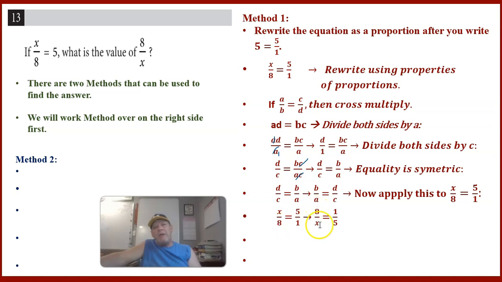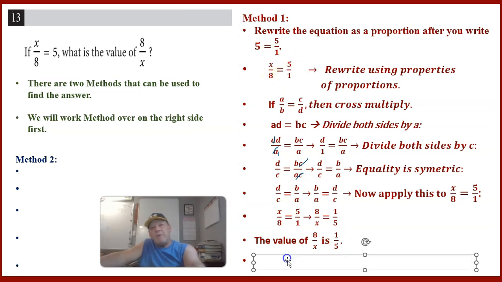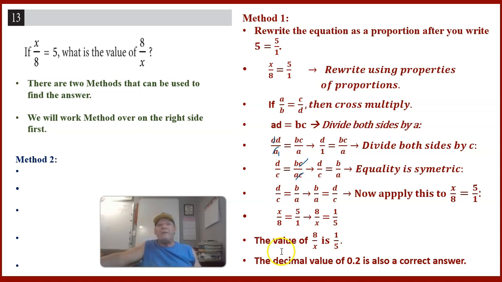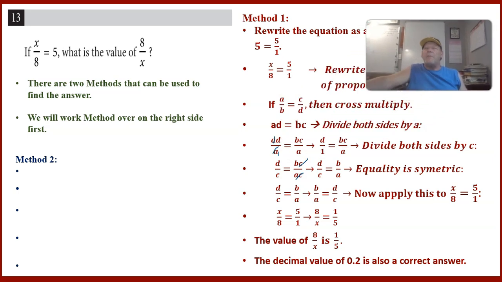So x over 8 will be 8 over x, 5 over 1 will be 1 over 5. So that means that my original 8 over x would be 1 over 5, because I flip this. And some people would divide that out to get 0.2. So that's method 1, explaining some of the properties of proportions.